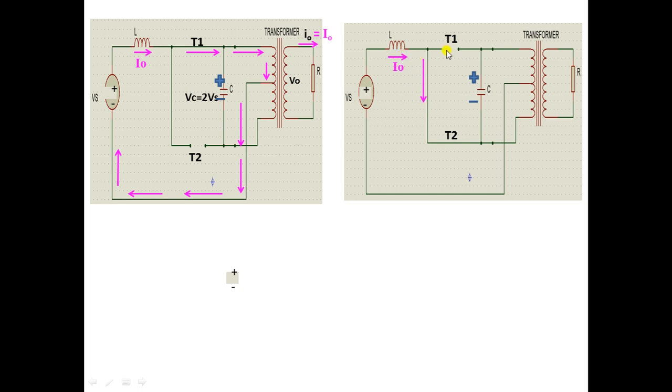It cannot go here because this is open, so it will start flowing this way. From here it will go here and it will flow through lower half of the primary winding. Earlier in mode 1 it was flowing through upper half of primary winding. Now it is flowing through lower half of the primary winding and it will complete its path. And the voltage across capacitor is 2 Vs. The capacitor has got fully charged to +2 Vs. Now what will happen is this capacitor will start discharging.